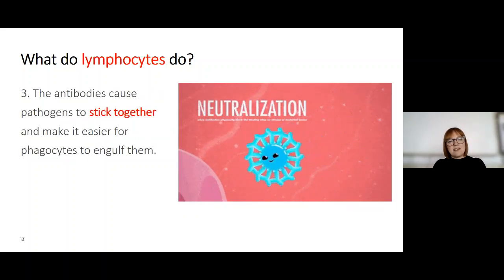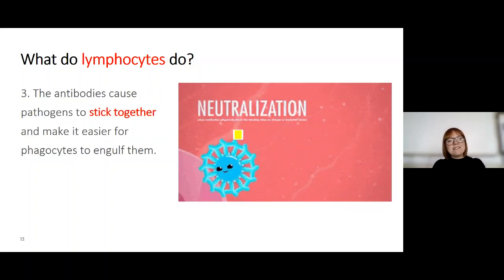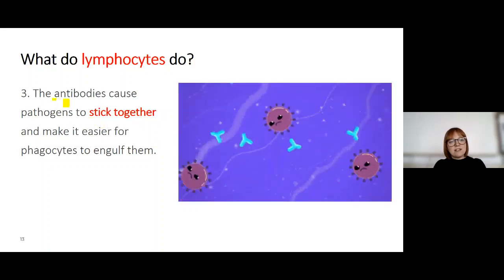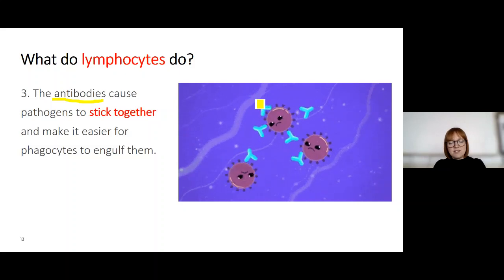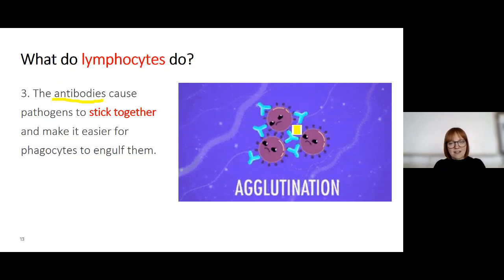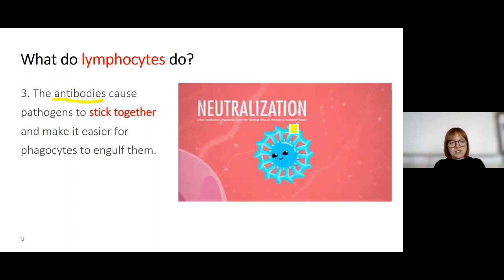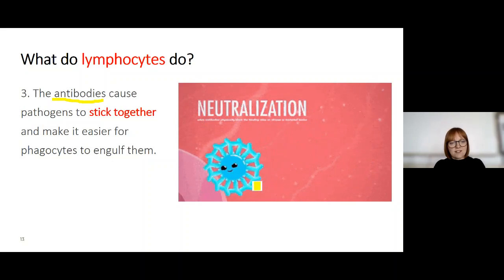The lymphocytes then release these antibodies into the blood, and if we watch this part of the video, the antibodies start to stick to the special antigens on the outside of the virus, and they make the viruses stick together.